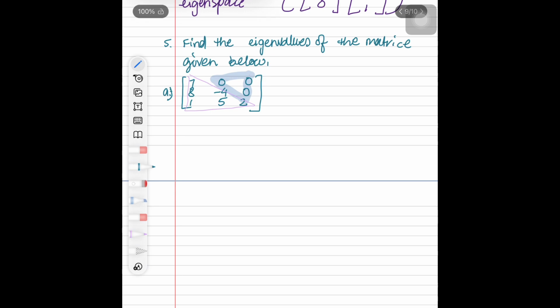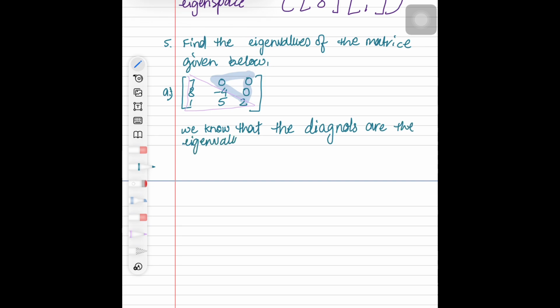So this way we know that the diagonals are the eigenvalues. And you can check that just to make sure.